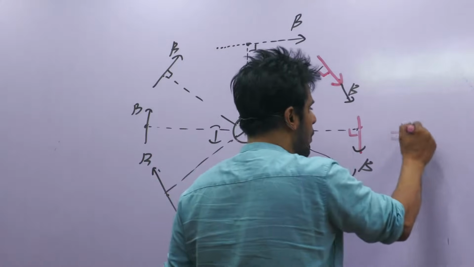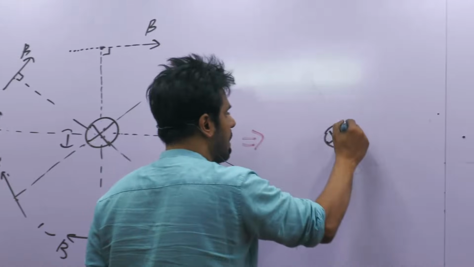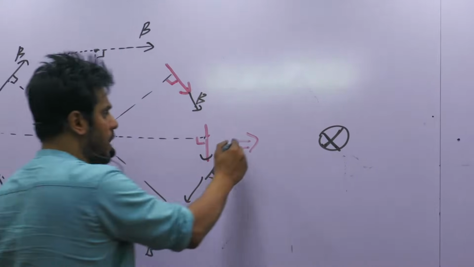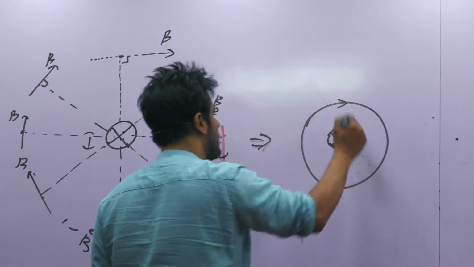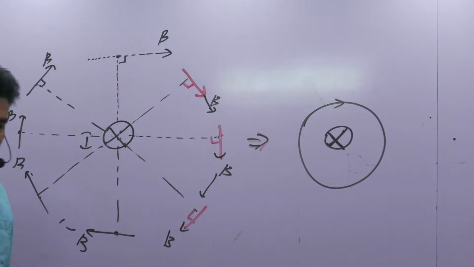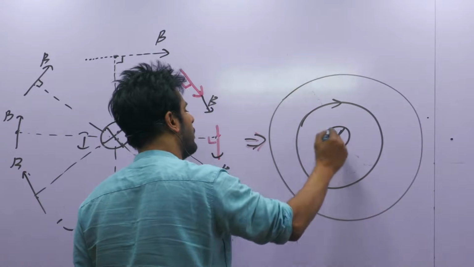So now when you have the current inwards perpendicular to the sheet, it makes a clockwise cyclic magnetic field. Now you can draw another magnetic line.